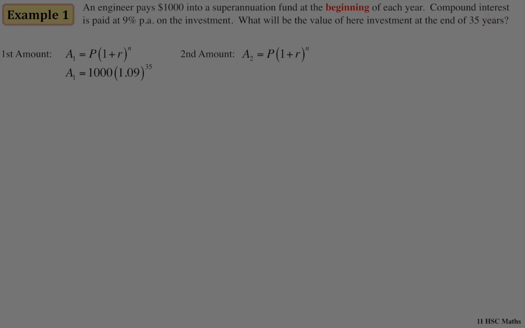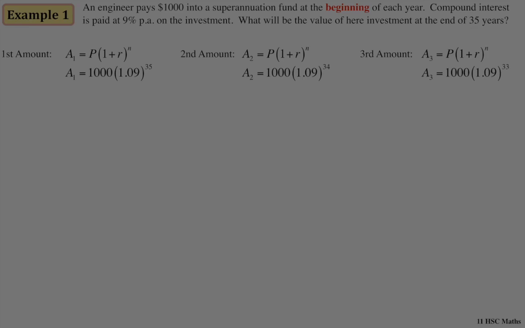This amount is only going to earn 34 years' worth of interest. Don't figure out what that works out to be in the calculator, leave it like that. The third amount is still $1,000, still 1.09, but he's only going to earn 33 years' worth of interest because 2 years have elapsed. There's only 33 years left after 2 years have gone.